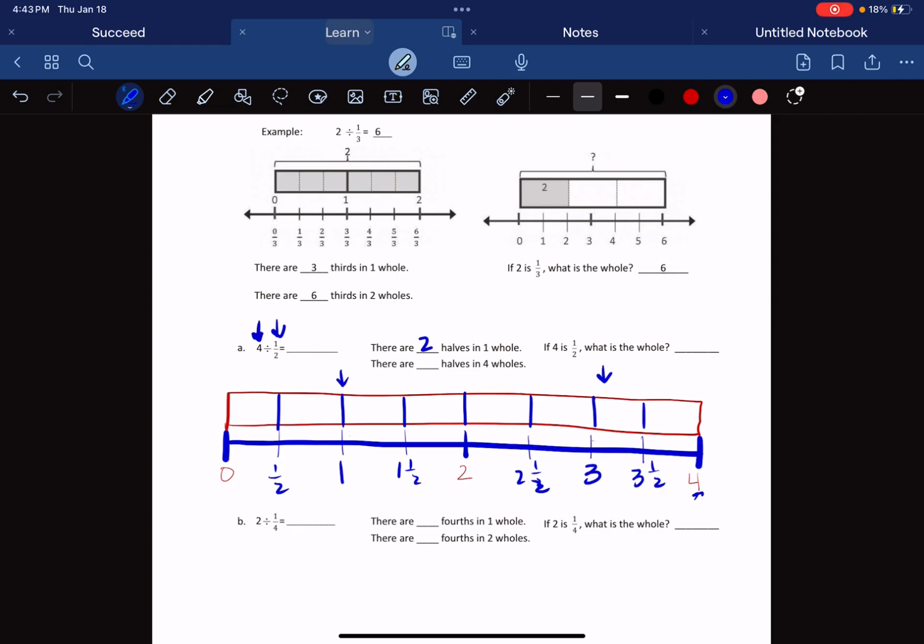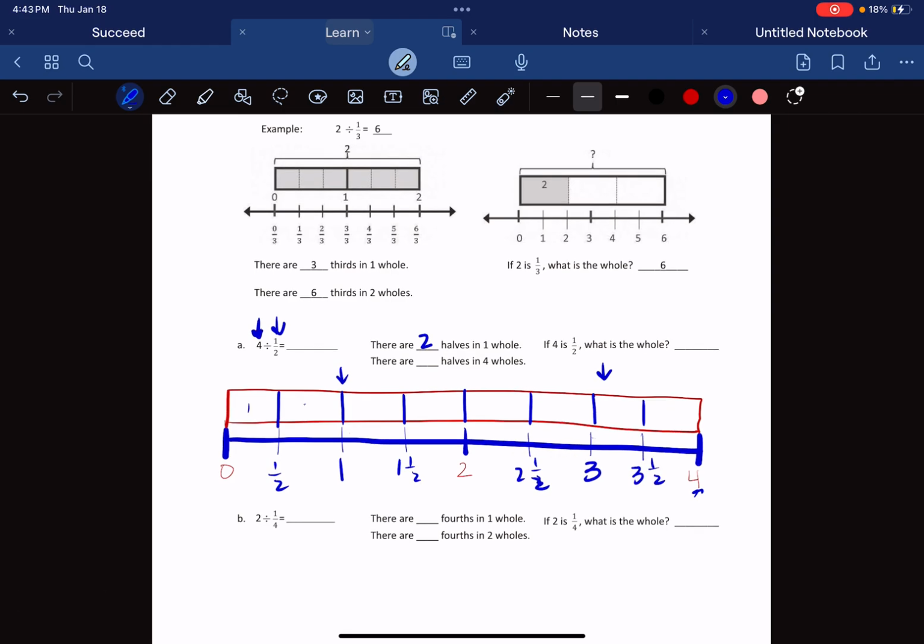If I look here, I can make a total of 1, 2, 3, 4, 5, 6, 7, 8 halves. So if 4 is a half, what is a whole? Then we have 8. So 4 divided by a half would equal 8.